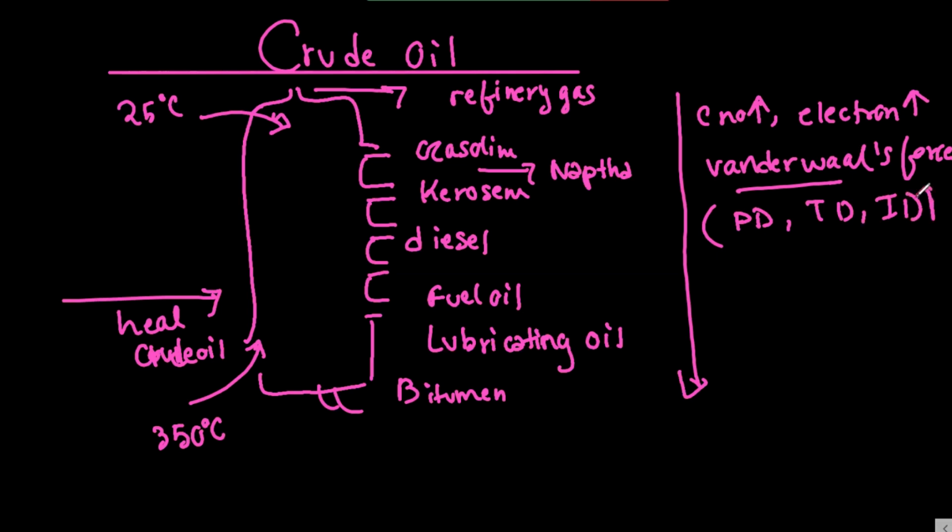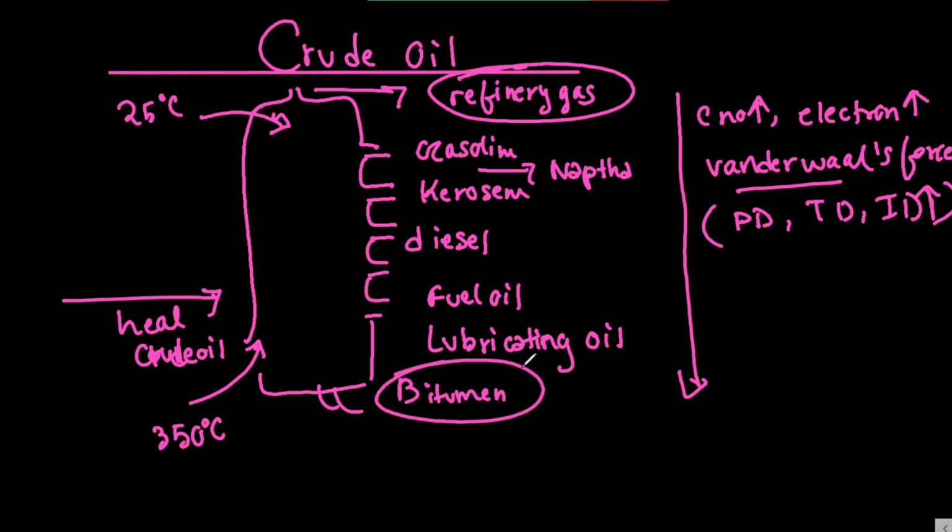They're going to increase as the number of electrons increases. So it's going to get thicker, more viscous and stickier. The least viscous is refinery gas, and the most viscous is bitumen.